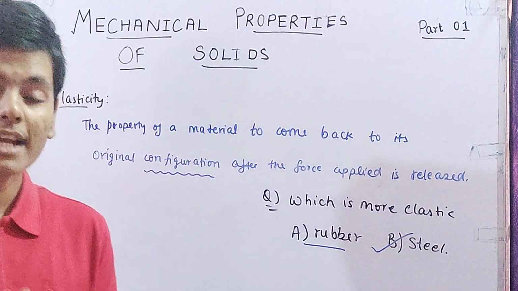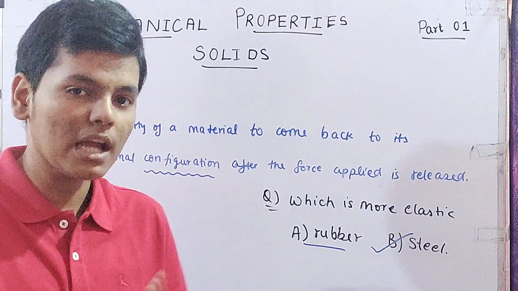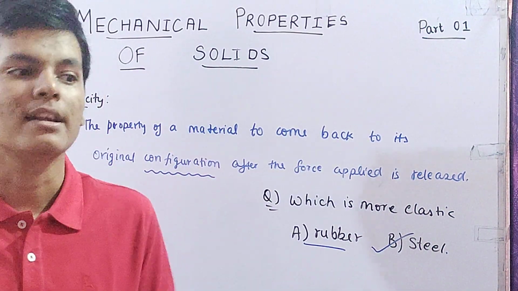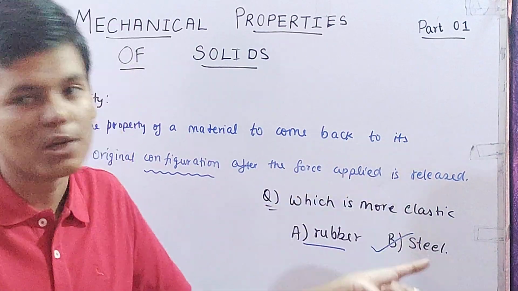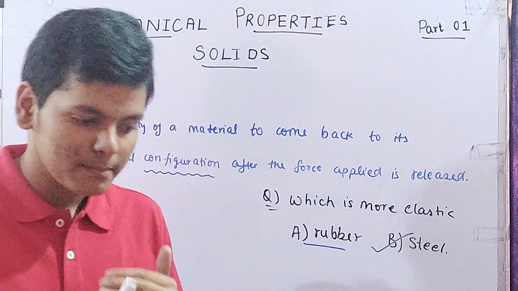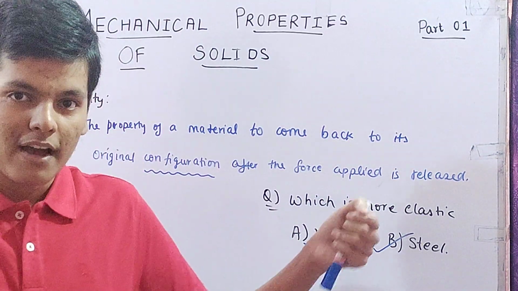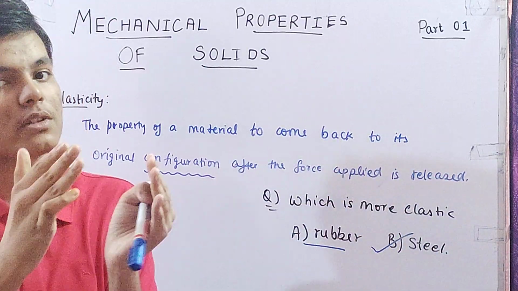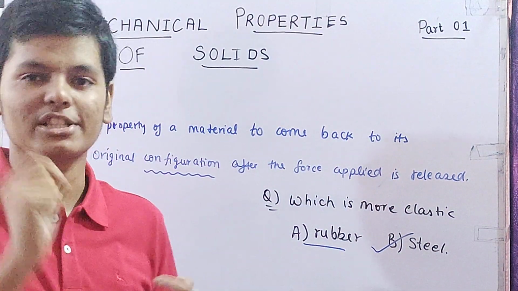Now many people get confused about how steel is more elastic than rubber. Usually when we think about something elastic, rubber comes to mind. But the most popular example of steel being more elastic is given using a steel scale. When you take a rubber, stretch it and release it, it does come back to its original place, but it takes some time. I think that is known as relaxation time.